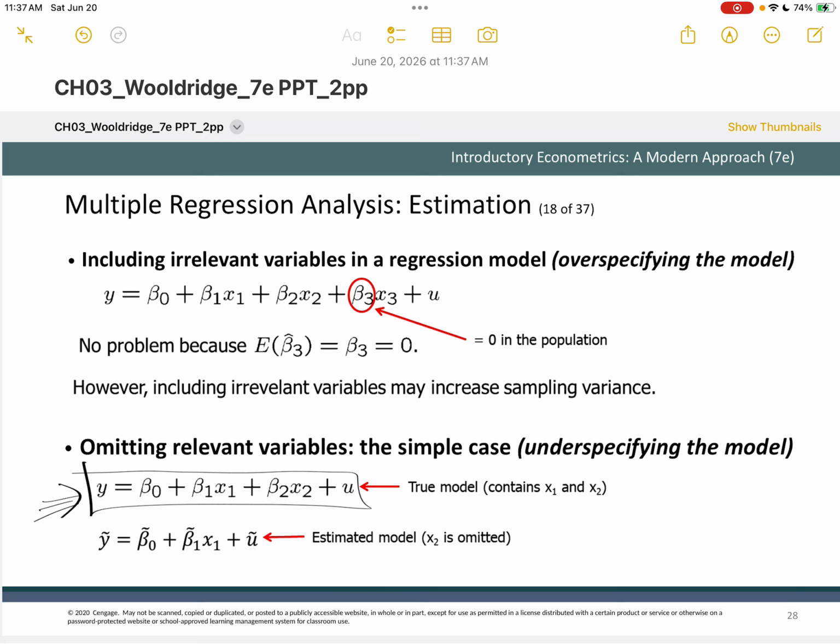So I want you to be thinking of a directed acyclic graph here, such that we have x1 impacting y. However, we have u, the error term, and when we omit x2, x2 falls in the error term. Now, this is where I tell students in my class that the backdoor path is open because you have x2 and x1. They are going to be highly correlated.